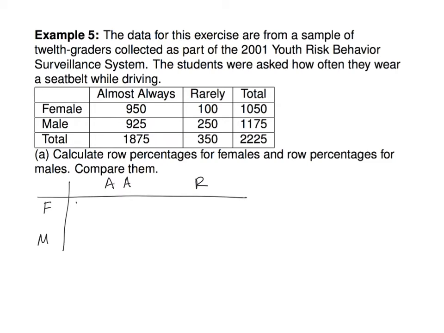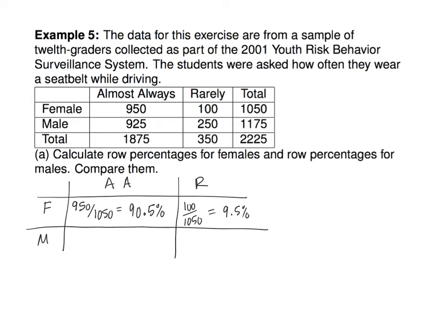Okay, so of the females, 950 out of 1,050 is about, let's say, 90.47, so 90.5%, say almost always, and 100 out of 1,050 is about 9.5%, say rarely, versus the men, 925 out of 1,175.